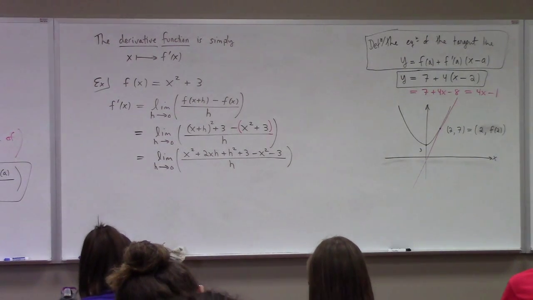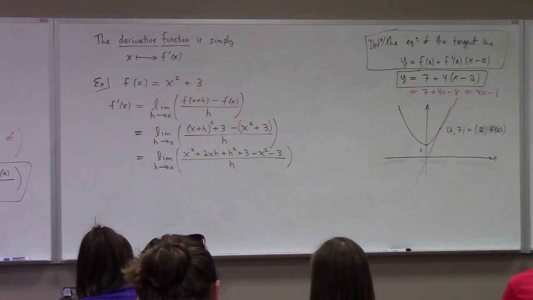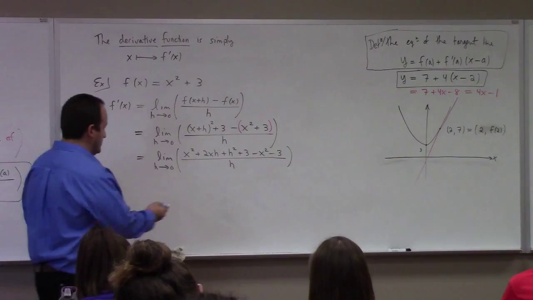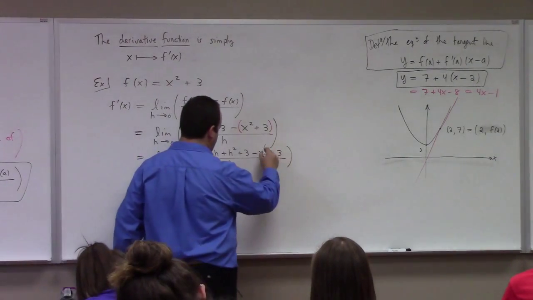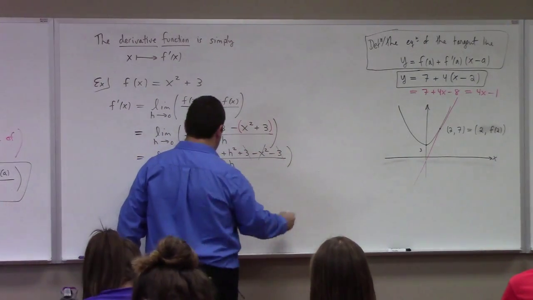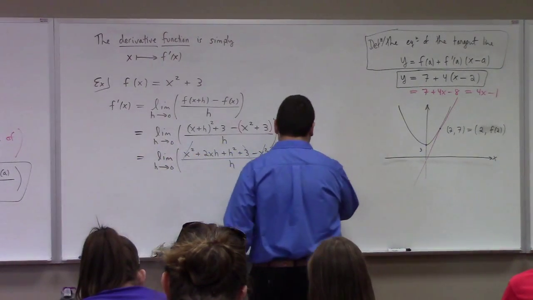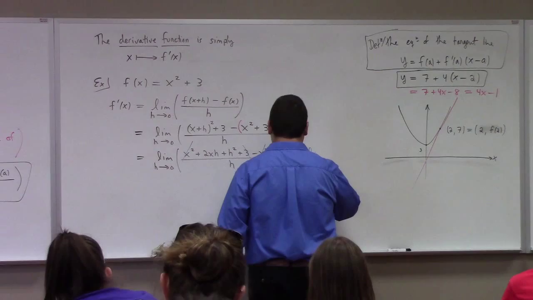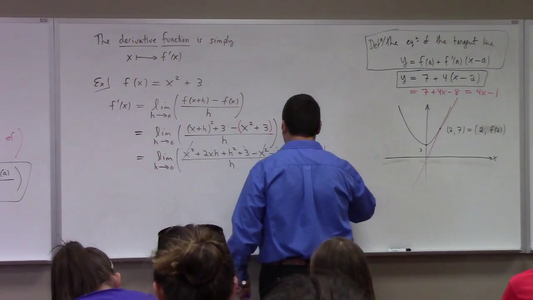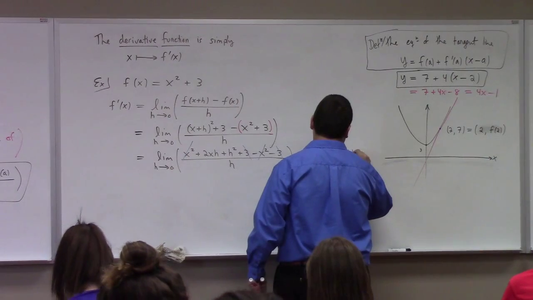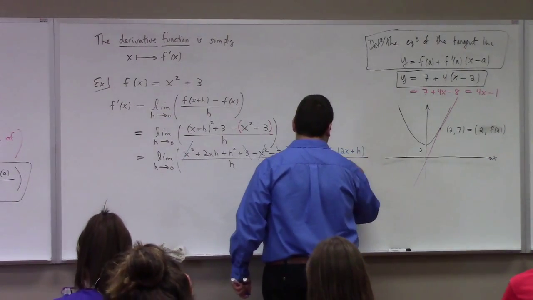So the 3's cancel, right? Anything else cancel? x squareds, yep. So dead, dying. What survives? Right. And I'm going to go ahead and factor out an h in the numerator. So h times (2x plus h), divided by h.